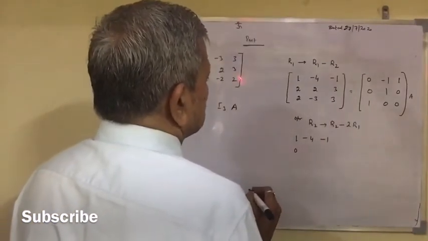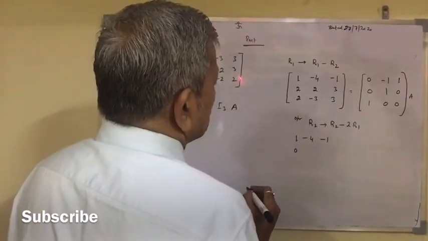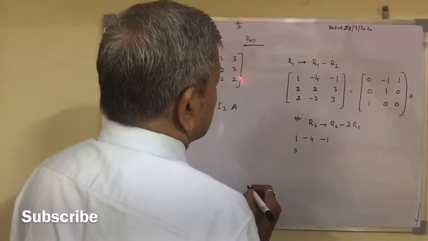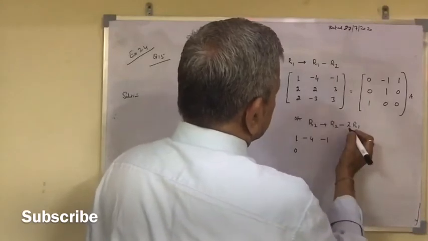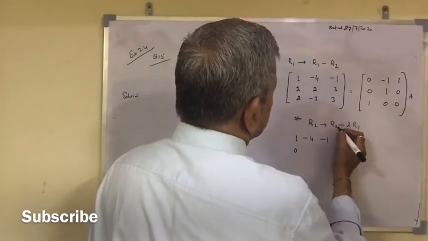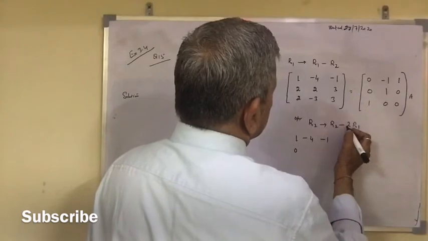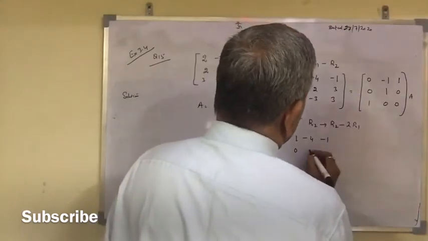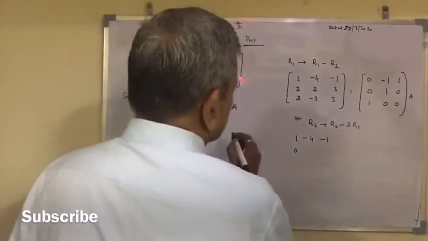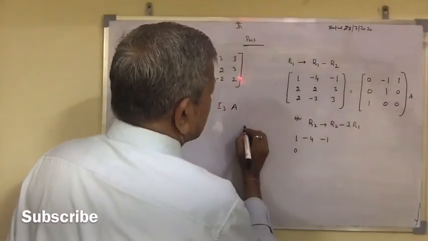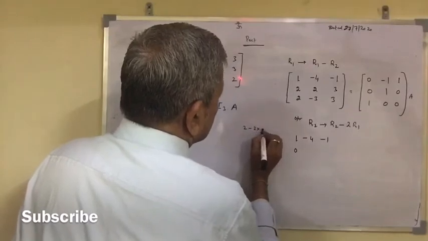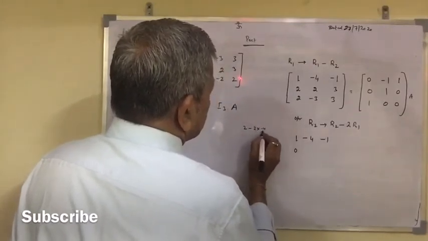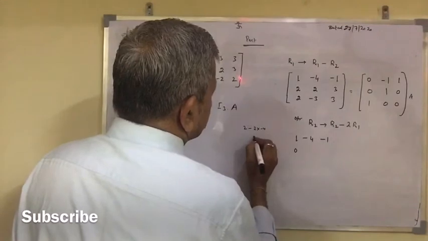Then R2 minus 2 of R1 gives 8. I'll write it down here so that you can understand. R2 means 2 and minus 2 of minus 4, so this will be 2 times 4 is 8, so plus 8 will be here.